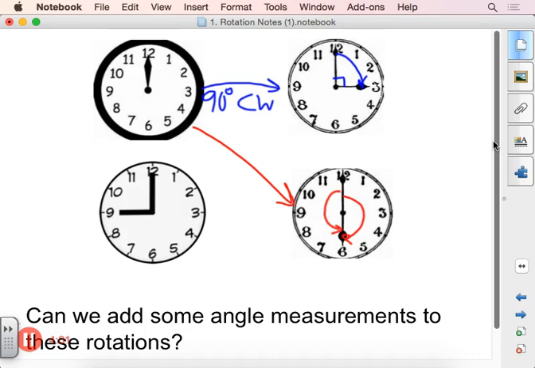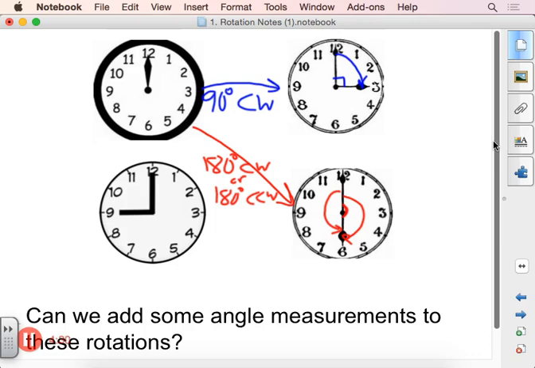So how many degrees is that? Well, because those two form a straight line, and a straight line's 180 degrees, we could say it's 180 degrees, and we could say either direction because it's the same. So we could say 180 degrees clockwise, or 180 degrees counterclockwise. Either one would be fine because they're both the same amount.